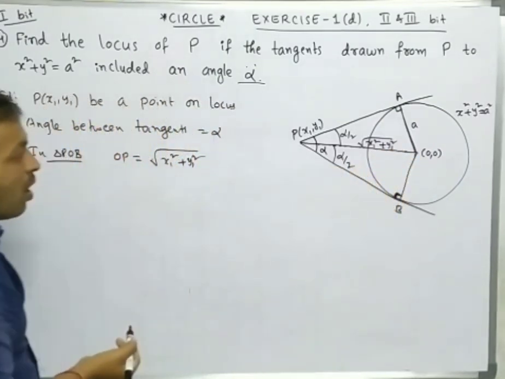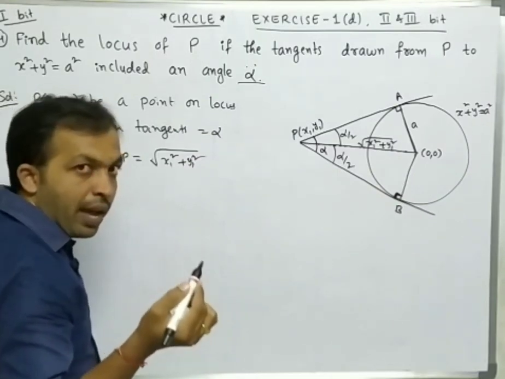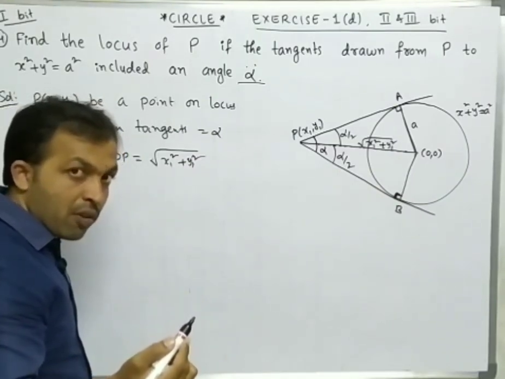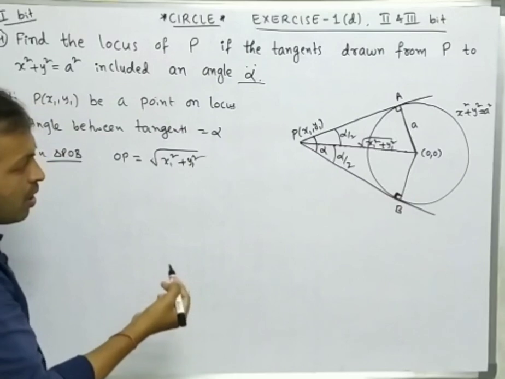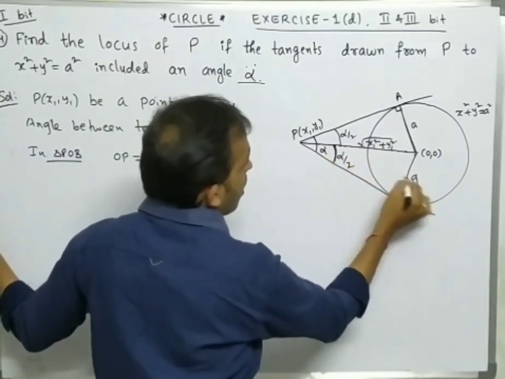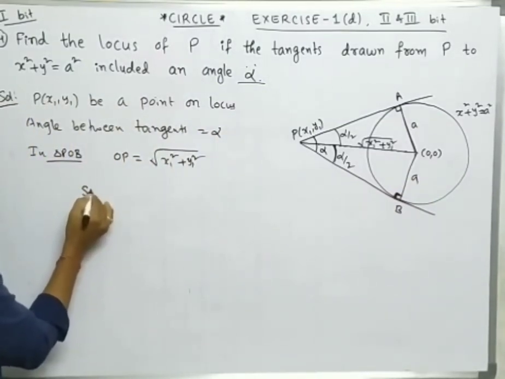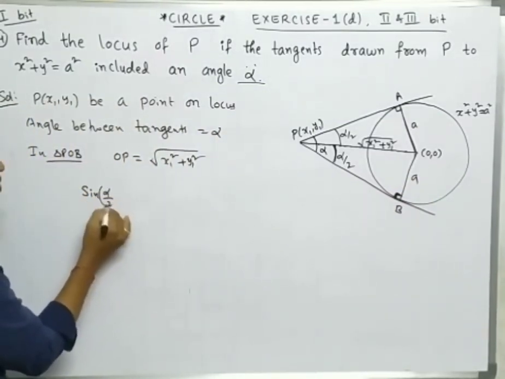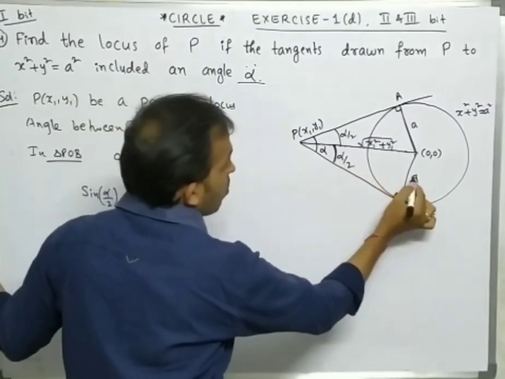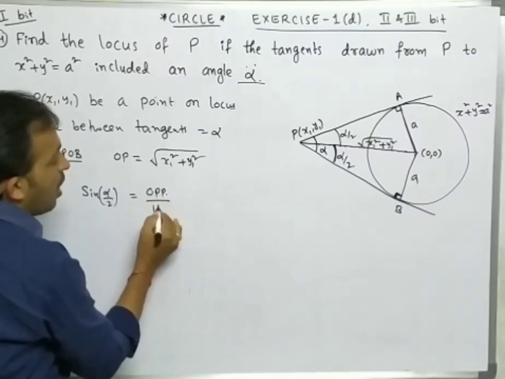Now we can solve this problem by using the formula tan alpha by 2 is equal to r by root s11, or otherwise we can take sine in triangle OPB. I am taking sine alpha by 2, which is opposite by hypotenuse.